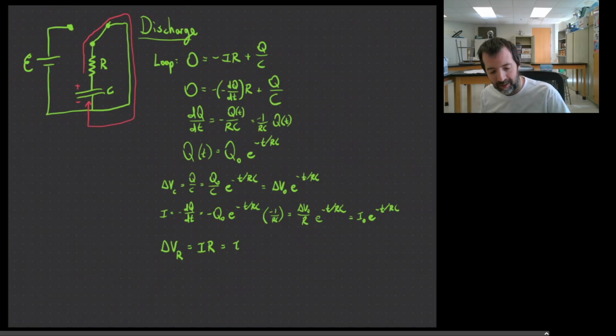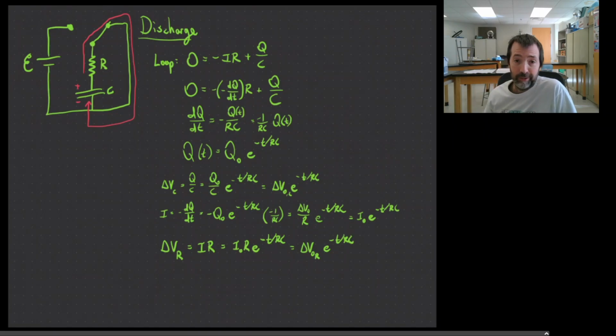So I'm going to have I naught times R times e to the negative t over RC. I naught times R, you can think of as being delta V naught. I should put another resistor subscript on there. I'll go back and put a capacitor subscript on the other one. Basically, they're all the same thing, is my point. For the discharge case, at least, they're all the same thing.